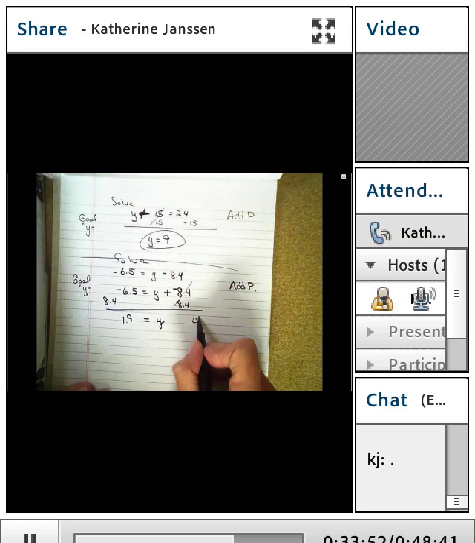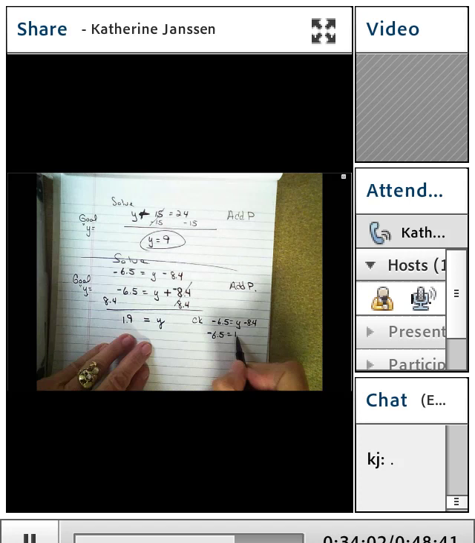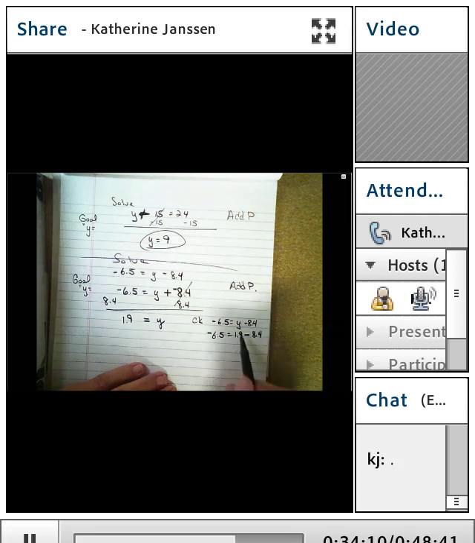Check. Negative 6.5 equals y minus 8.4. Negative 6.5 equals, we're going to substitute 1.9 in for every occurrence of y. 8.4, change subtraction to addition and add the opposite.